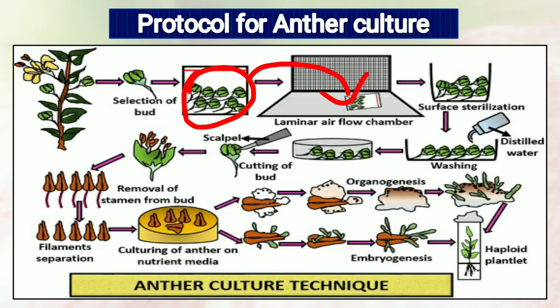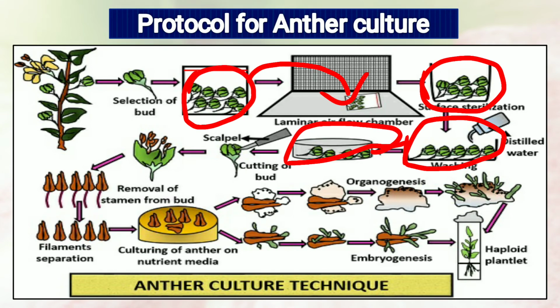Finally, transfer the buds to sterile petri plates. So in the laminar flow you give the surface sterilization, then wash off the chemical with distilled water and keep your buds in petri plates.